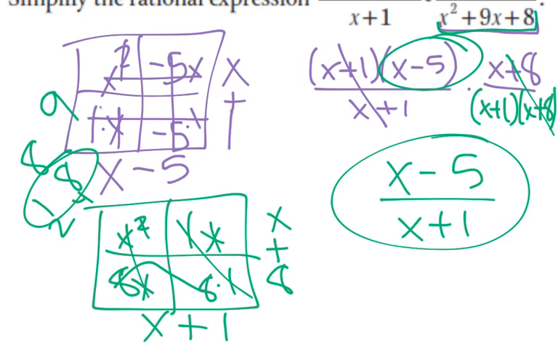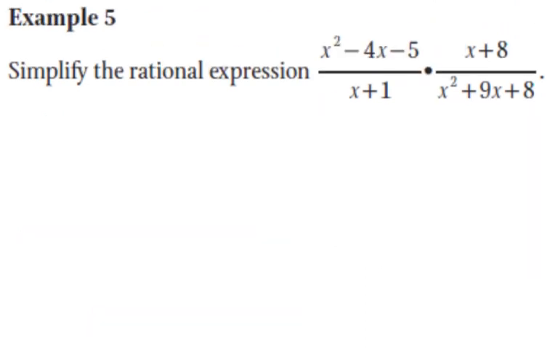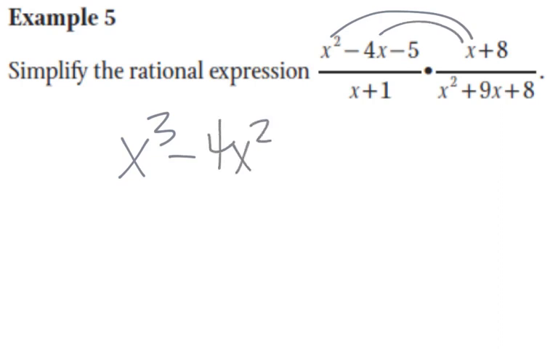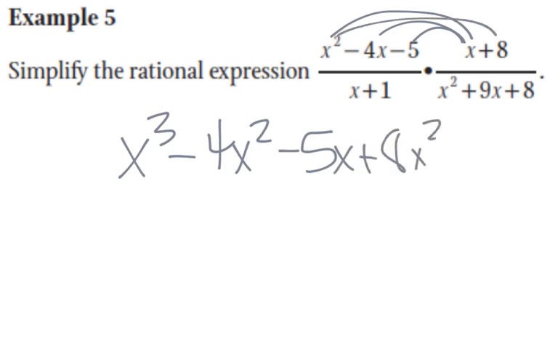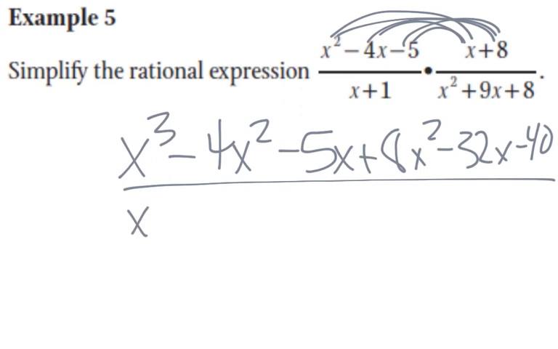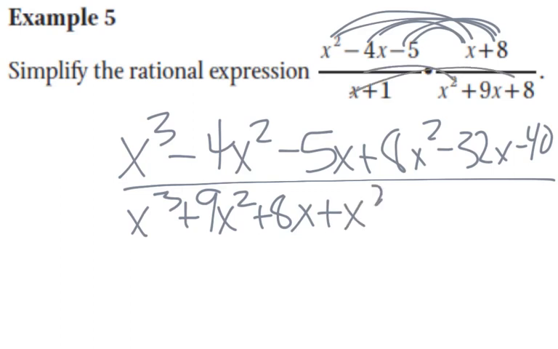Now I could have tried multiplying them to begin with, and then trying to factor, and I could have got that same thing. But if I would have done that, it would have looked something like this, and this would have been very difficult to notice the differences. I'm multiplying these ones now.